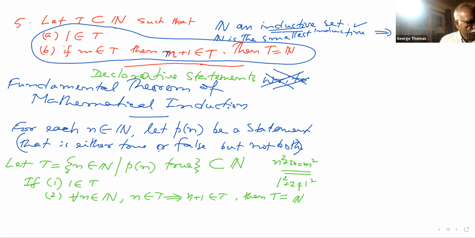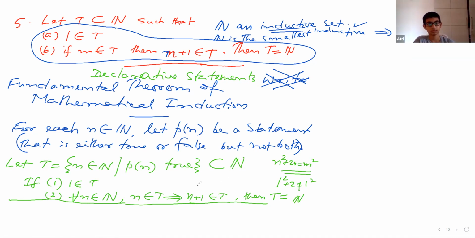Now, well, we can go a step further. Instead of saying, let T be the set of natural numbers n such that the statement P(n) is true, we could say the following.